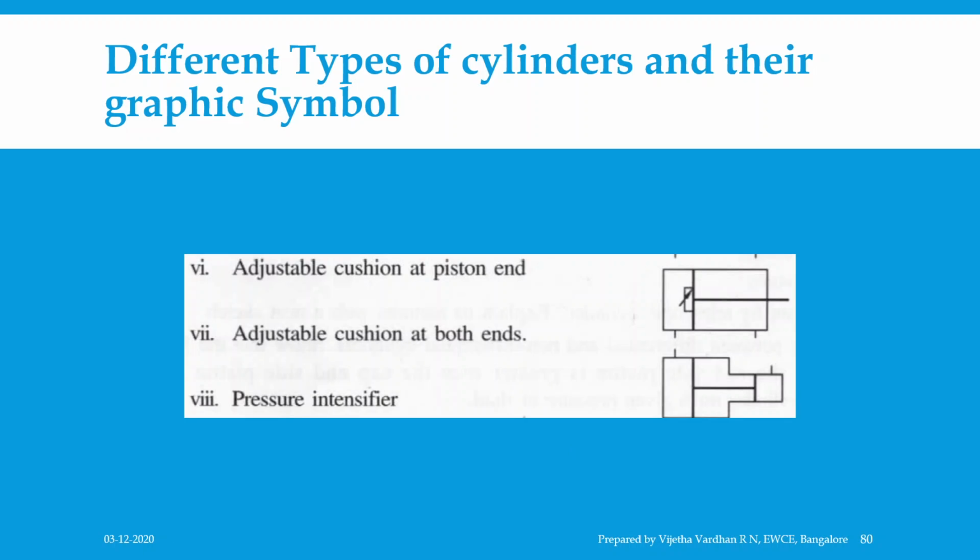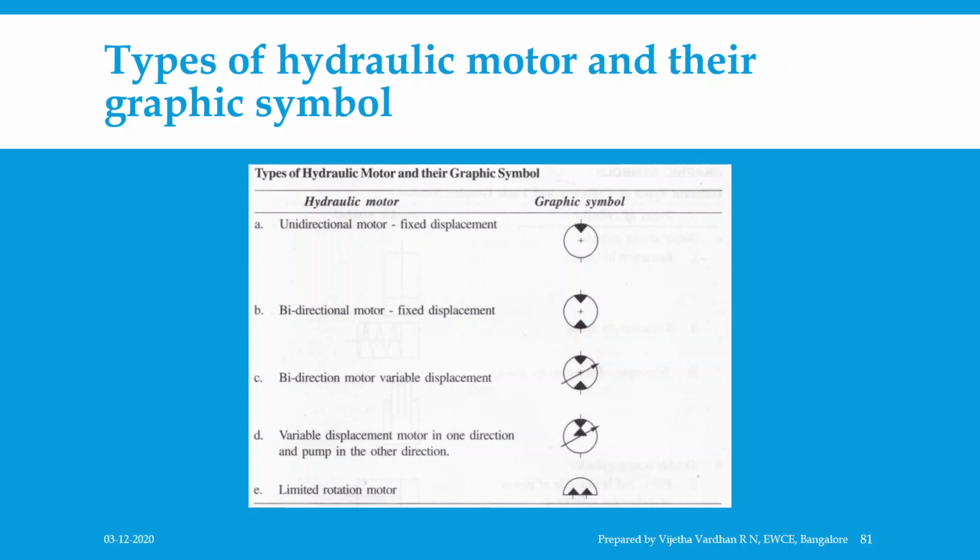Then coming to hydraulic motors and their graphical symbolic representation for unidirectional motors as well as bidirectional, limited rotation and variable displacement, everything we can observe in the figures over here.